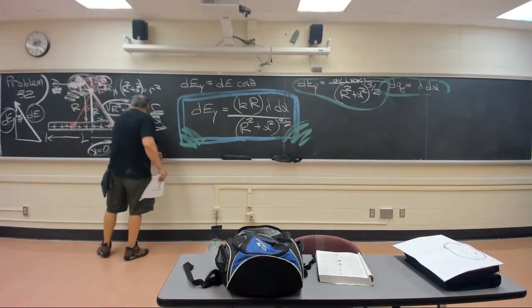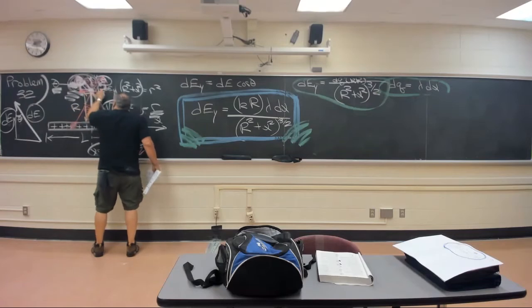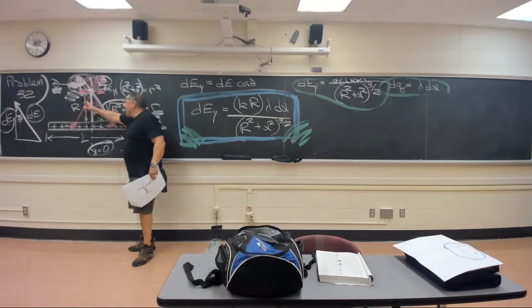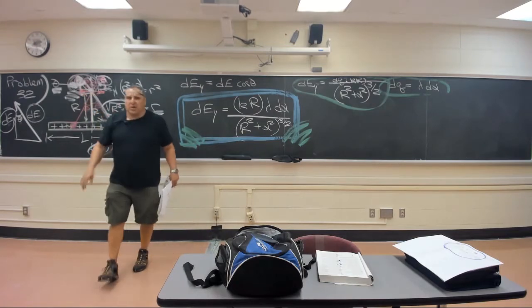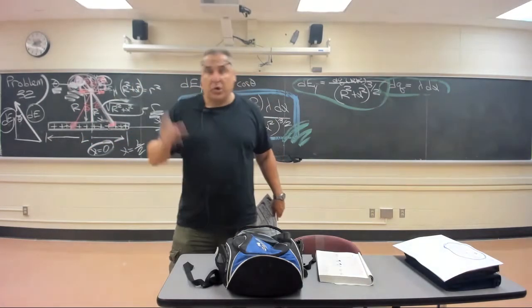Forgive me, the dy's, the dx's. Forgive me for not being able to speak, guys. Let's do it one more time. The dx's here and here cancel. All the dx's are canceled. All the dy's occur twice.